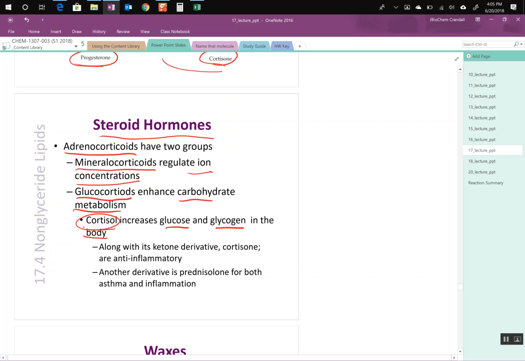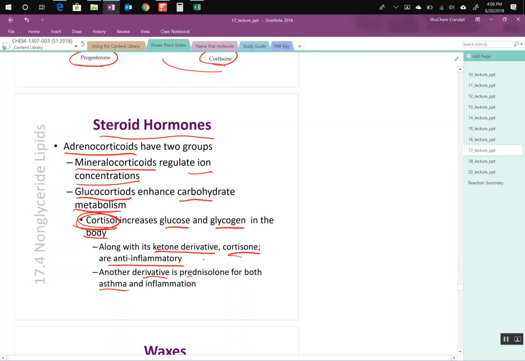With its ketone derivative, cortisone would cause anti-inflammatory responses. Another derivative of that cortisol would be prednisolone. I don't know who names these things, by the way, but it would have both asthma and anti-inflammatory effects as well.